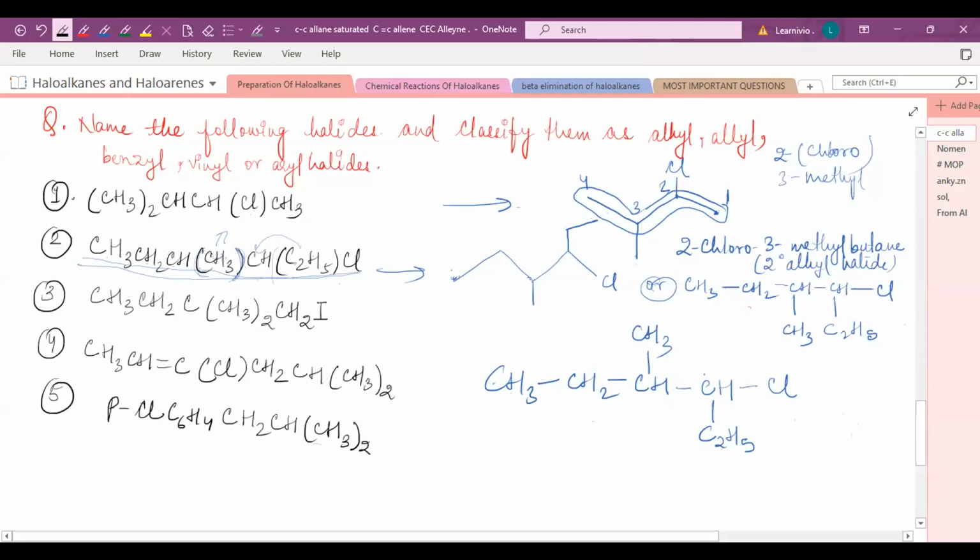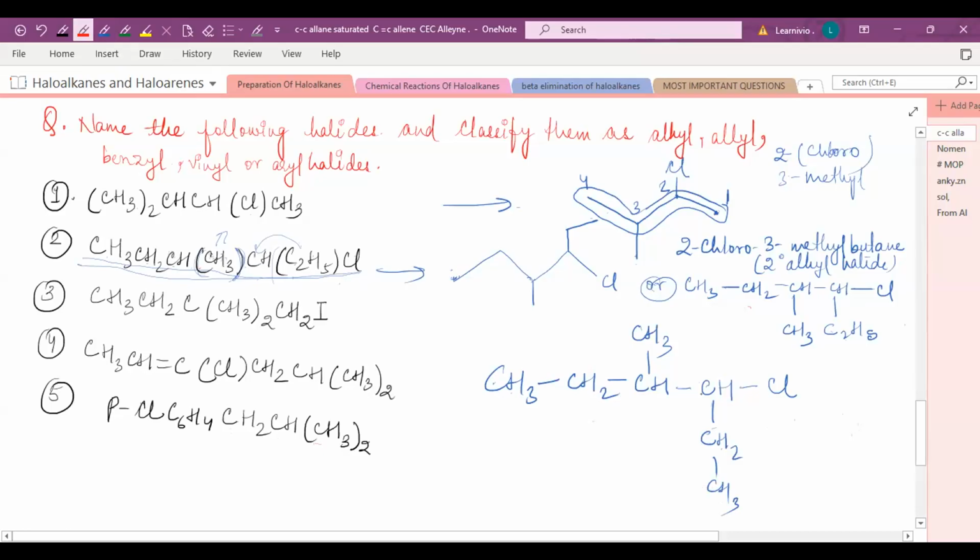You can also write it like this, by opening it up: CH2, CH3, CH2, CH3. Again the same thing, C2H5, two carbons and five hydrogens. So instead of C2H5, you can also write CH2CH3. It's the same.